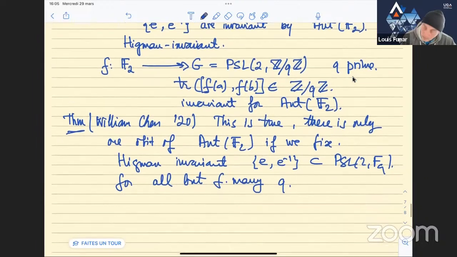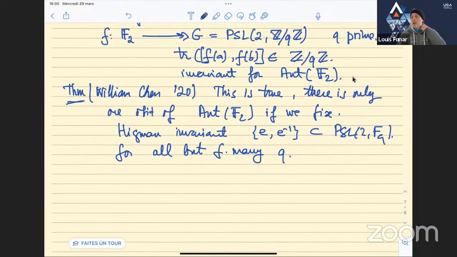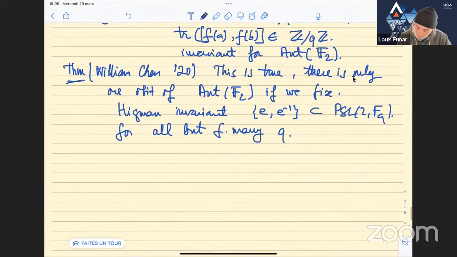Okay, so I spoke for 1 hour and a half. I can give you some hint about how to construct characteristic quotients, or how these characteristic quotients arise.